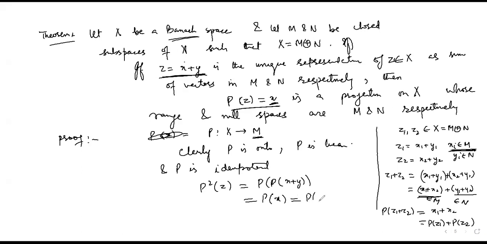But that can be written as P of x plus 0. अब यहाँ कुछ भी हो y है ना, तो it's like P of Z is defined as, because Z can be written as x plus y. ये जो x part है हम इसको मैप करते हैं. So P of x plus 0 किसके बराबर होगा? It would be x. That is the same thing as P of Z. So P is idempotent. P square of Z is P Z for all Z belonging to X.